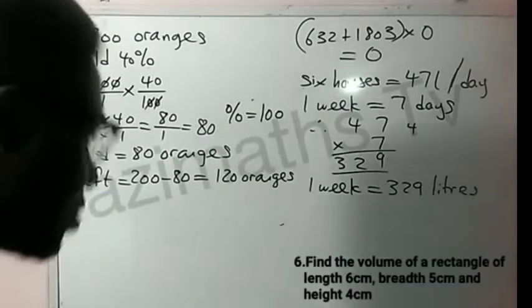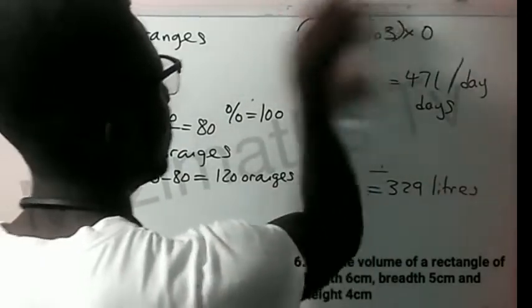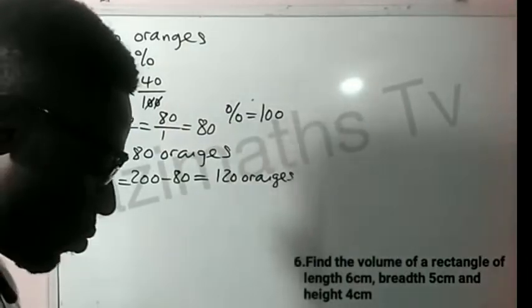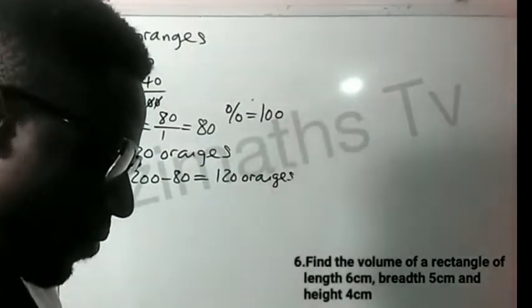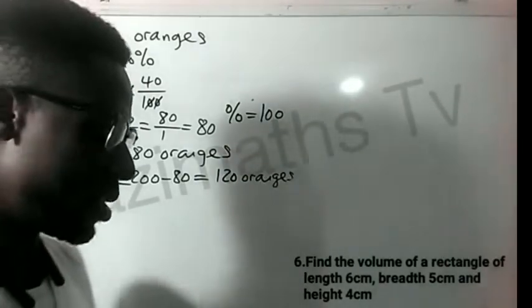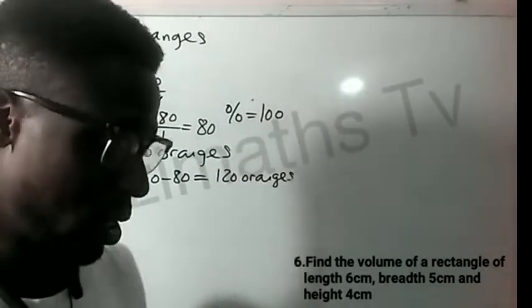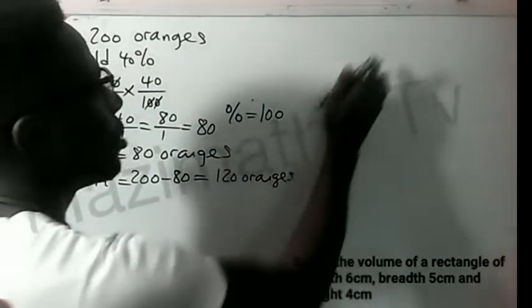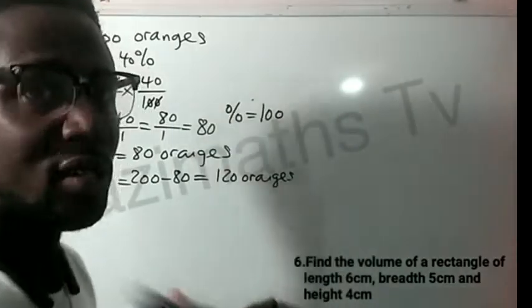Now question number 6. The volume of a rectangle of length 6 cm, breadth 5 cm, and height 4 cm is. Anytime you're asked to find the volume of a shape, all you need to do is multiply the 3 sides together.